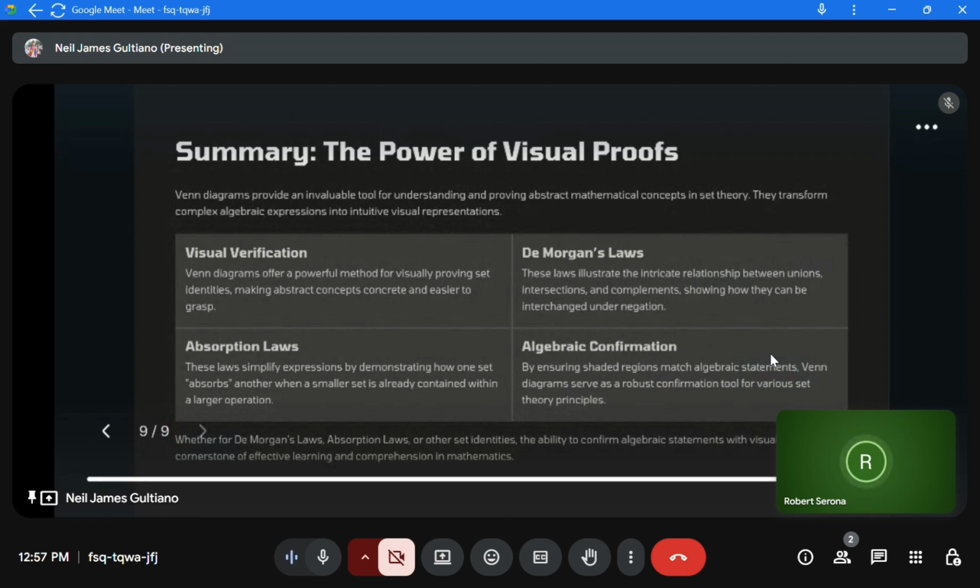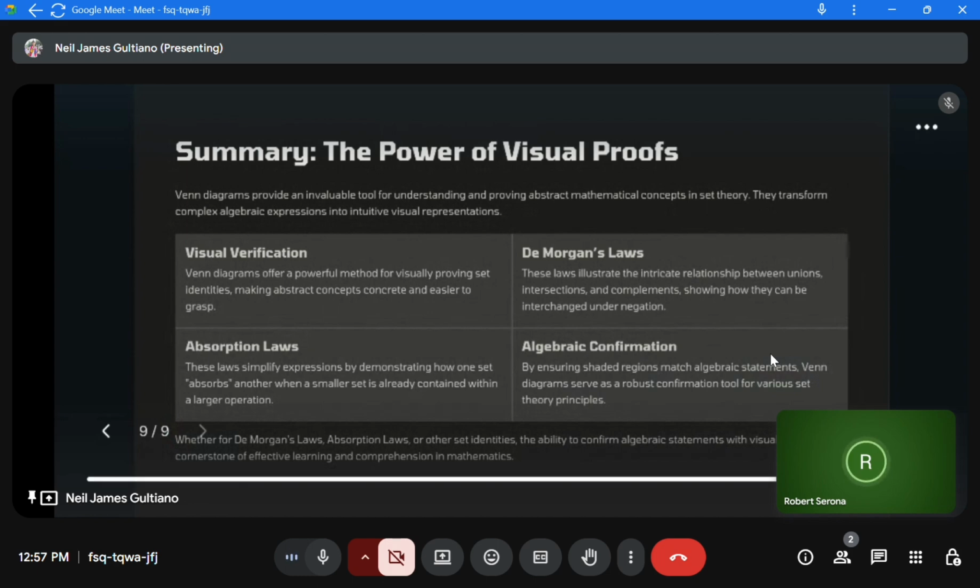To summarize, Venn diagrams offer a powerful and intuitive way to understand and prove set identities. Through visual comparison, we verified De Morgan's law by showing that the shaded regions of the complement of A union B and A complement intersect B complement are identical.